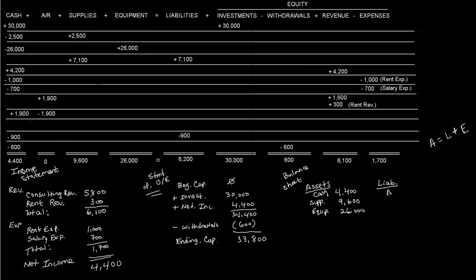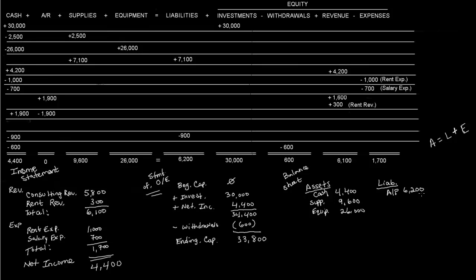So we'll say that's an account payable of 6,200. And in the previous video I should have written account payable here, and just keep in mind that account payable falls under the liability section of the balance sheet. So our account payable is 6,200.